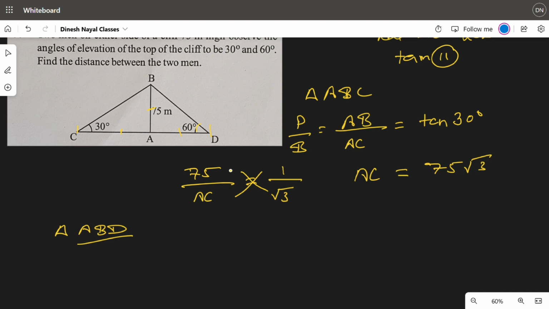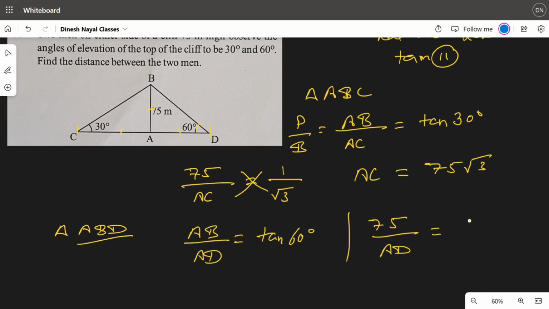So perpendicular by base is tan. So AB, which is perpendicular, by AD, which is the base, equals tan 60 degree. Now we know AB is 75, and we have to find AD. Tan 60 degrees is root 3.